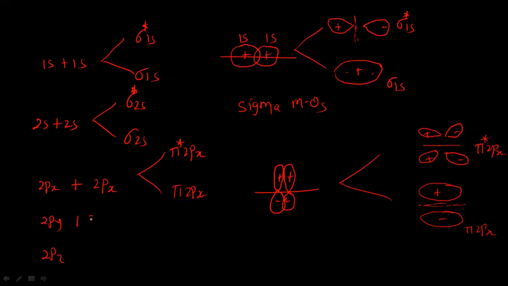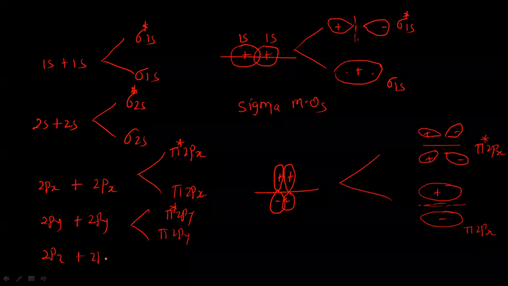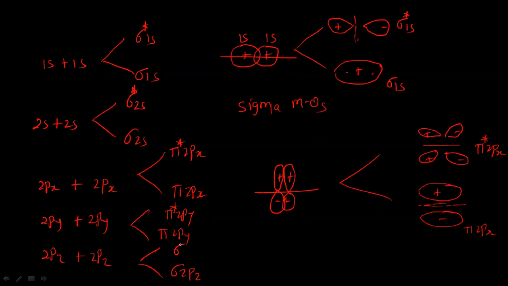Similarly, 2py gives, in the same way, pi 2py and pi star 2py. The same pi molecular orbitals are formed there. But 2pz gives sigma bonding molecular orbitals, that is sigma 2pz and sigma star 2pz.